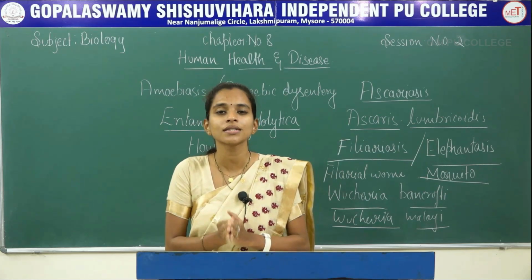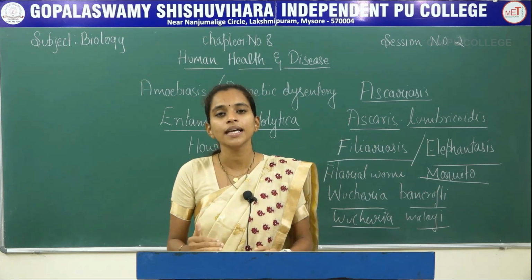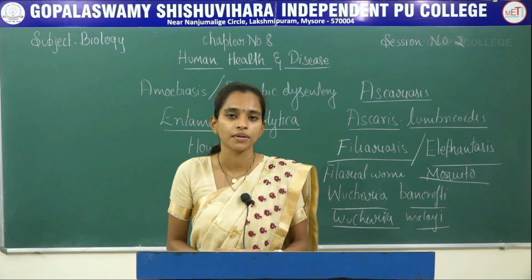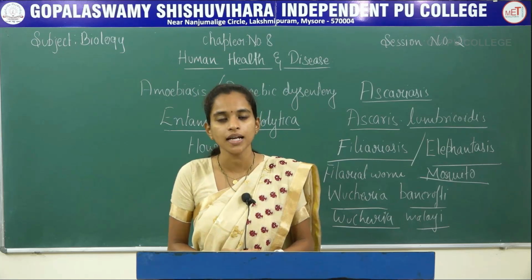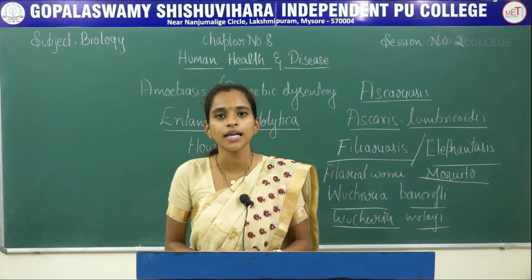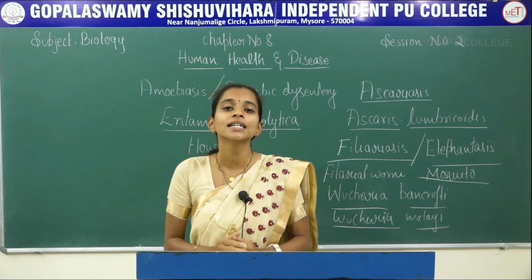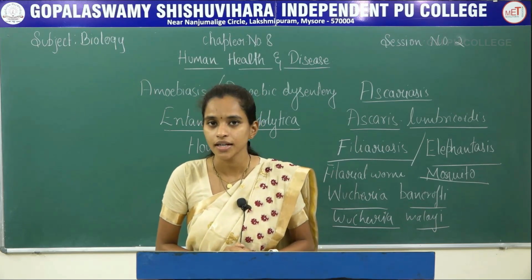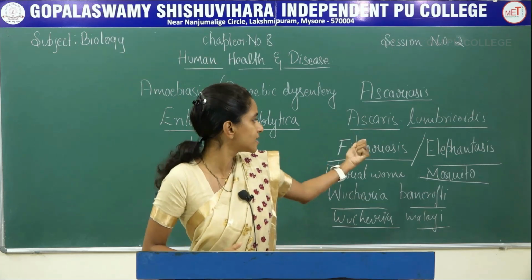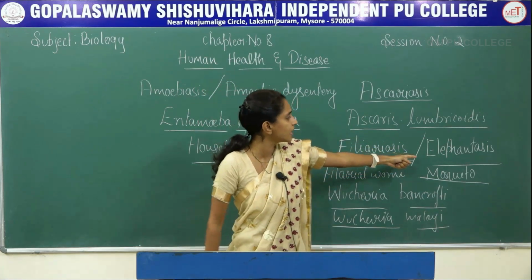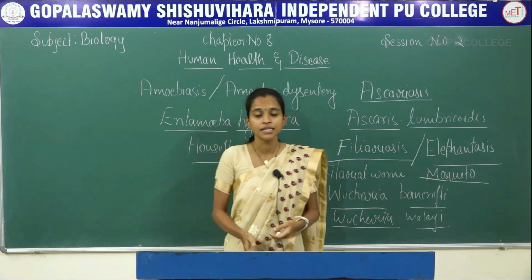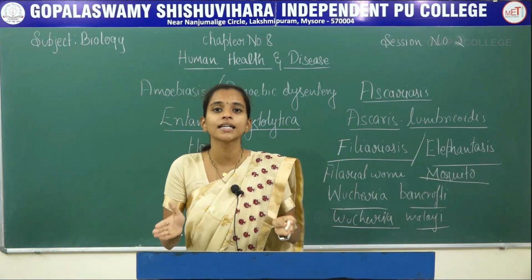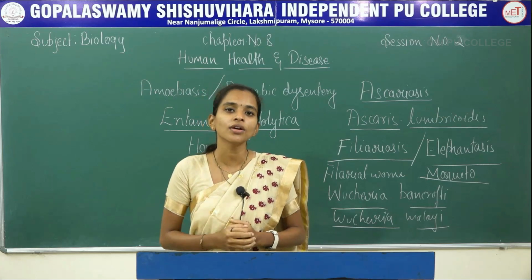Due to the blocks, the body will start to swell up, that is, lymphatic swelling will be there. Because of this lymphatic swelling, there will be an increase in the size of the locomotory organs. That gives the name elephantiasis, Anekalu Roga, because there will be an increase in the size of your legs.